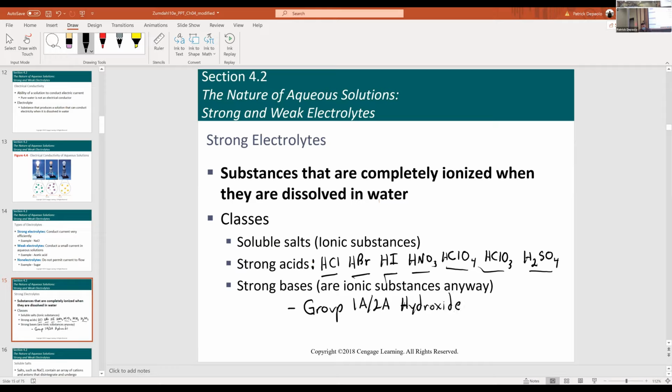In general, when you see a group 1A or 2A hydroxide, such as NaOH, Ca(OH)2, KOH, these are your strong bases. So if you have a transition metal with a hydroxide, that's automatically a weak base. Or ammonia, that's a weak base. Those are the key ones.